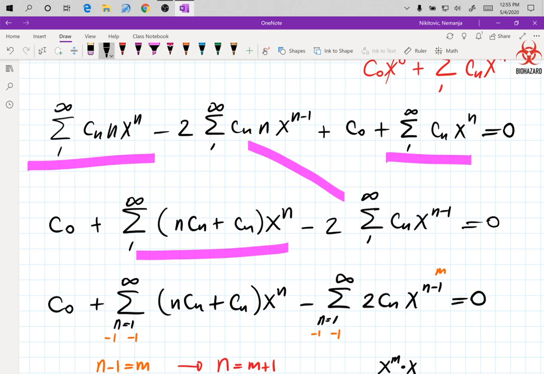Okay, there is an n x to the n minus 1. When I was copying this, I missed writing an n in here. So it was a copy mistake.